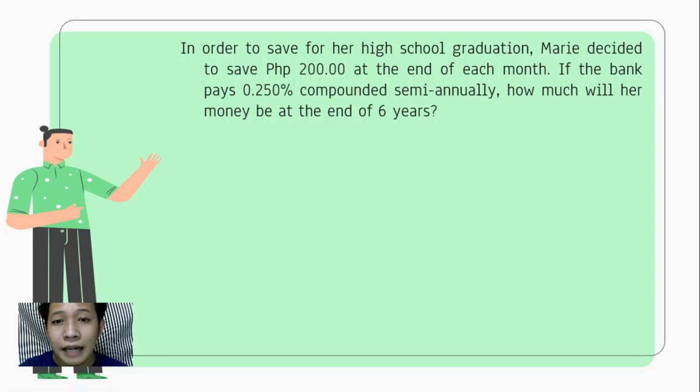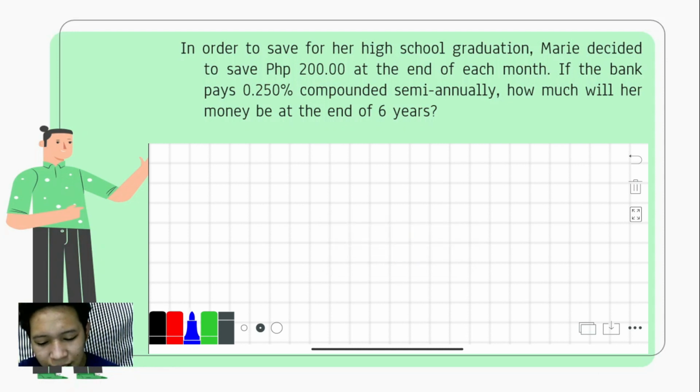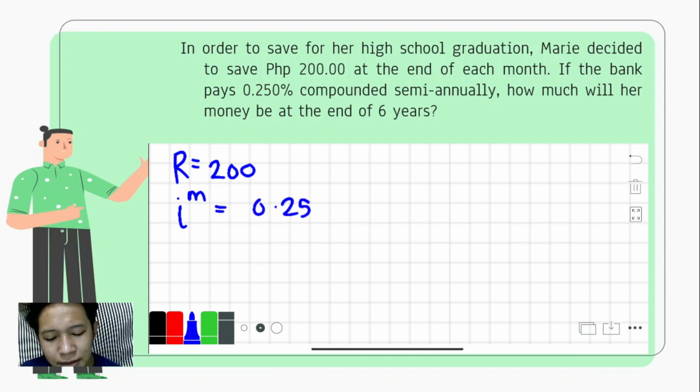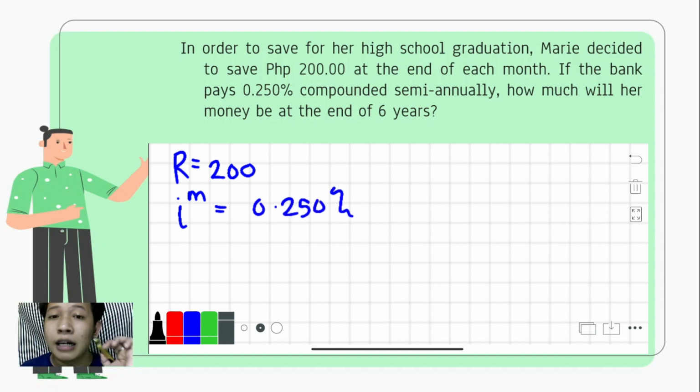Okay po? Now, let us first write the given. So the given are yung 200 pesos of course. Si 200 pesos, that will be our periodic payment. And then sabi dyan, if the bank pays 0.250%, so that will be our nominal rate. If we are going to convert it into decimal, we have to move the decimal point two places to the left.